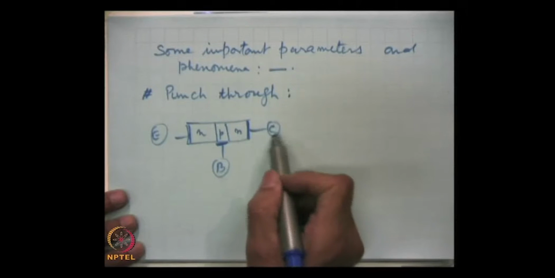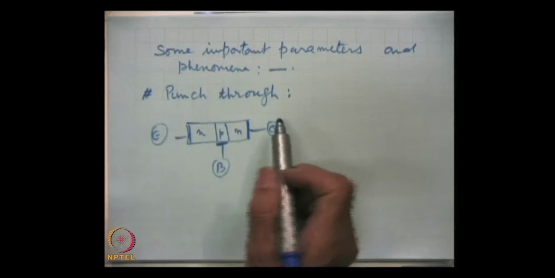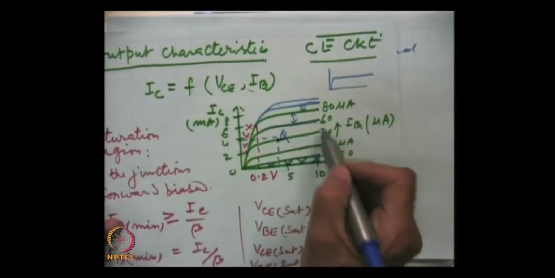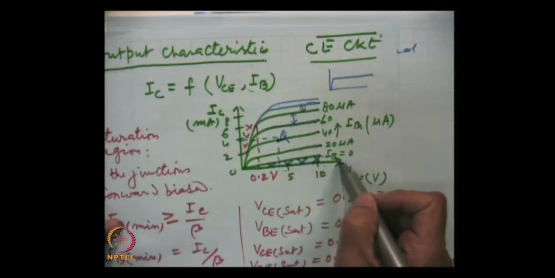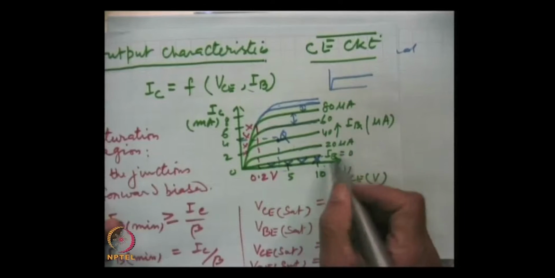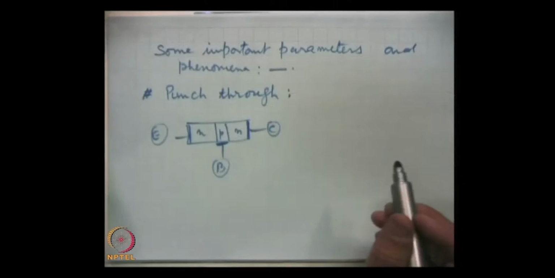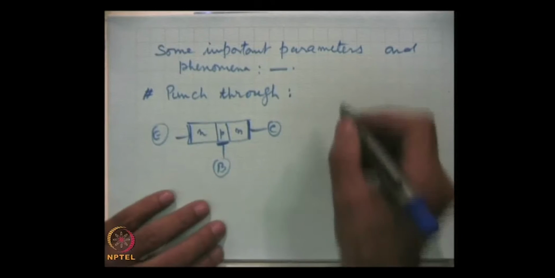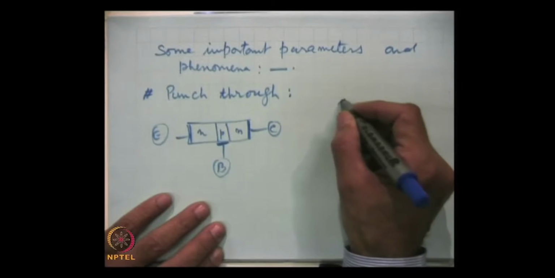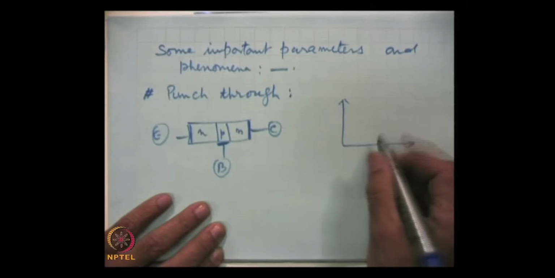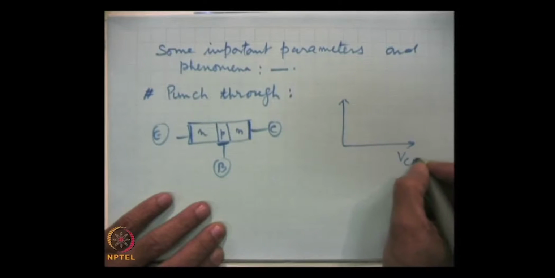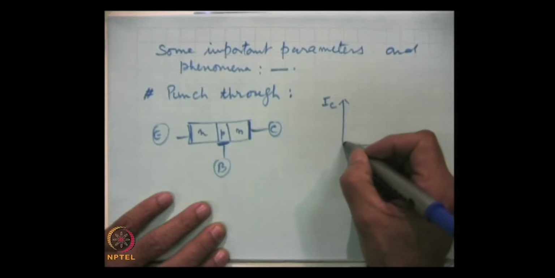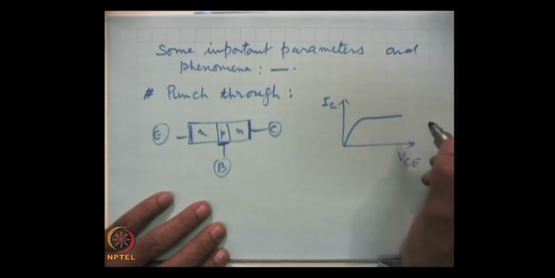If we go on increasing this voltage, how will our output characteristics change? These are the output characteristics for very large values of the reverse voltage at the output. I just pick up one of these several curves. This is VCE, this is IC, and this is the normal curve, normal operation.